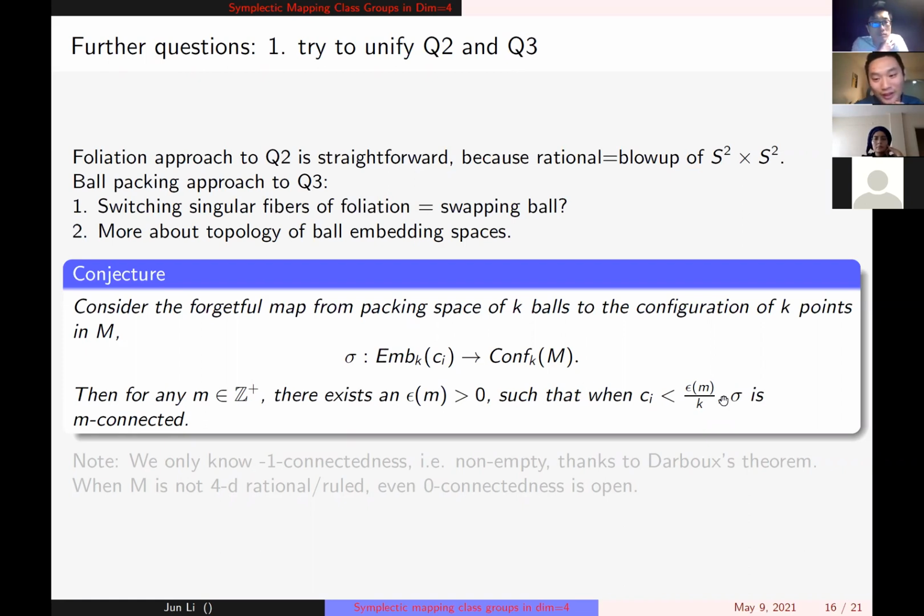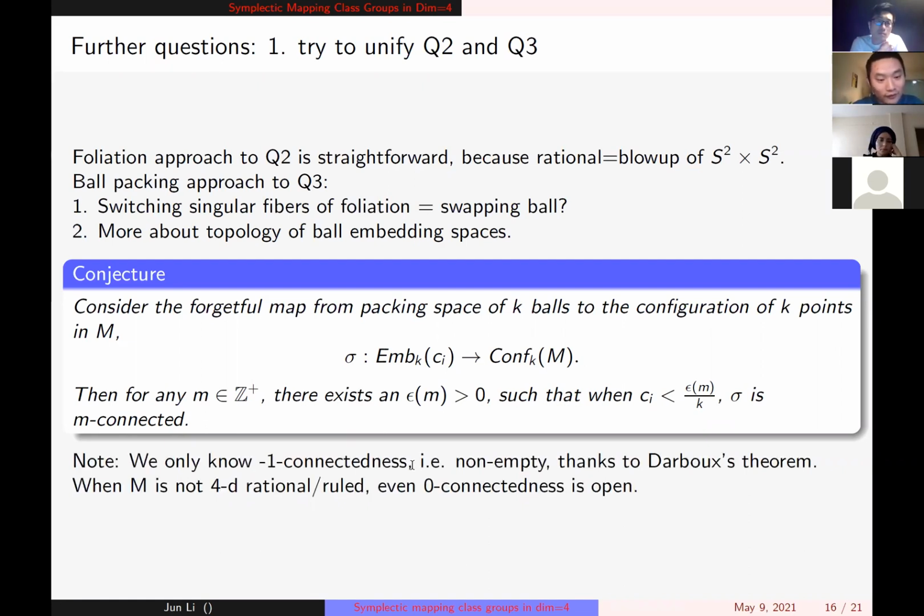In particular, we conjecture when the sizes are small, we have some levels of vanishing of homotopy groups. Let me quickly note that we only know the minus 1 level, which means non-empty.